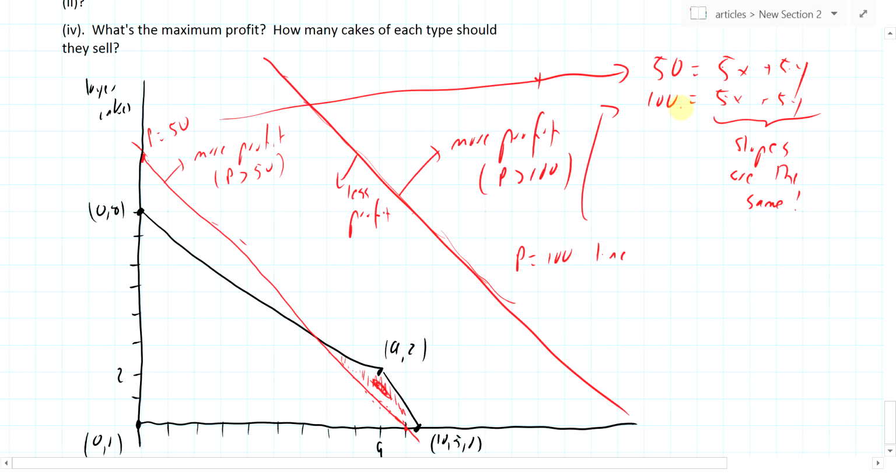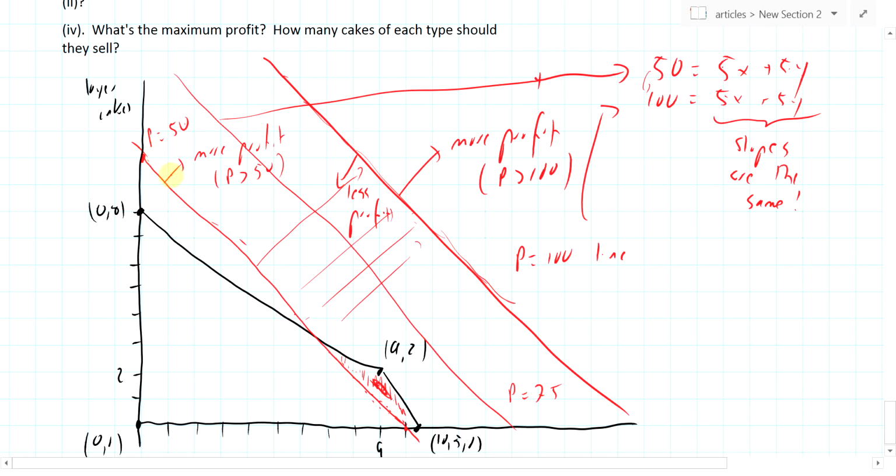So what's the effect of asking yourself about changing the profit from 50 to 100? Raising the profit that you want just moves this line out, right? So the profit equals 75 line, for example, is between these two and parallel to them. And so then that can let us answer the question of what's the maximum profit you can make.